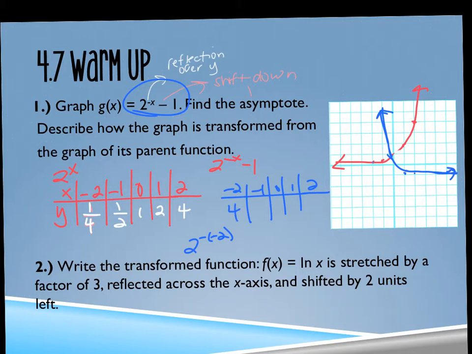So my -2 should have been at 4 if I was doing this exactly instead of using the transformations. -1, 2 to the -1 is 2 to the first, which is 2. So -1, 2. 0, 2 to the -0 is just 1. And 1 minus 1 is 0. 2 to the -1 would be 1/2, which is where that point is. And 2 to the -2 would be 1/4, which is that point there.